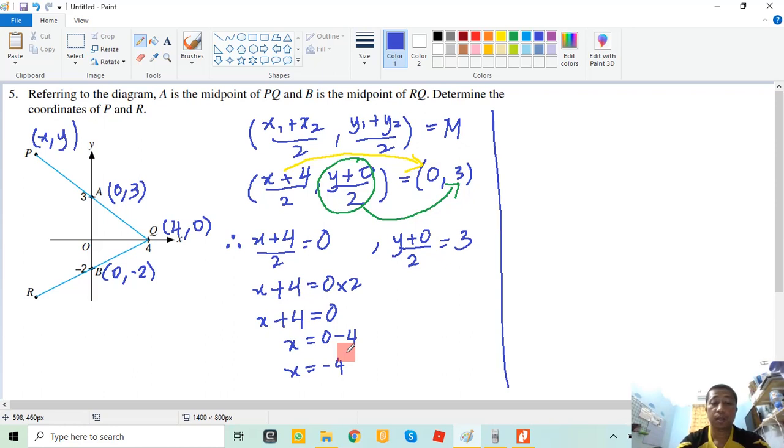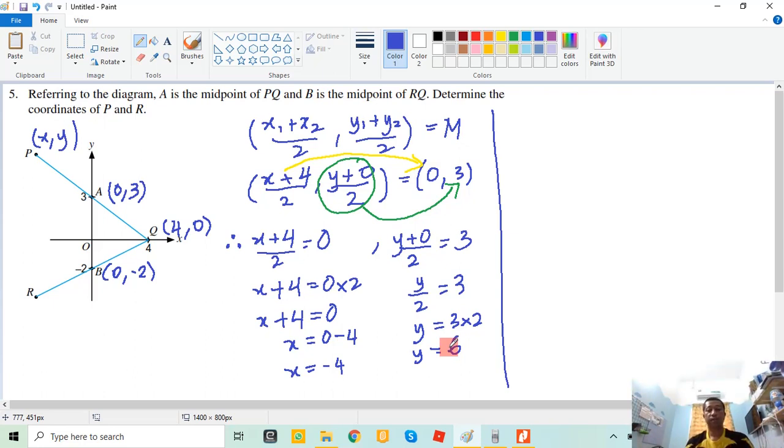And then for y, y plus 0 is y, divided by 2 equal to 3. Then y equal to 3 times 2, and then y equal to 6. So we know the value of x and also the value of y.